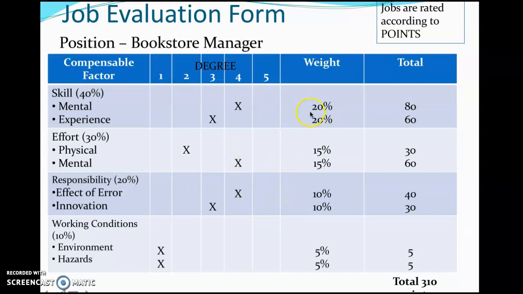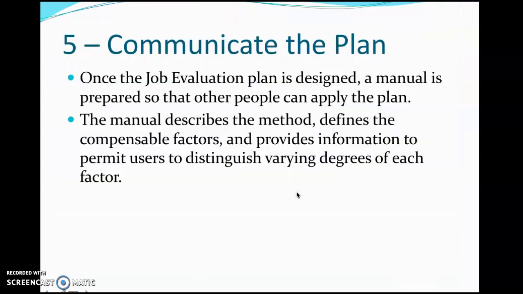Y'all see where I'm going? Therefore, when I multiply it against the weightings that I've determined, these numbers would be higher. So I'm really now able to justify my structure in a very, very kind of scientific or mathematical way once I determine the degrees and the weightings.